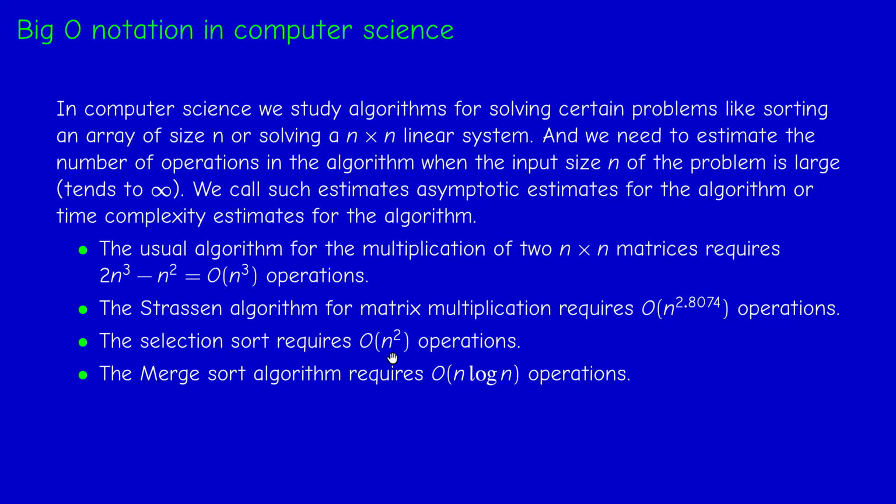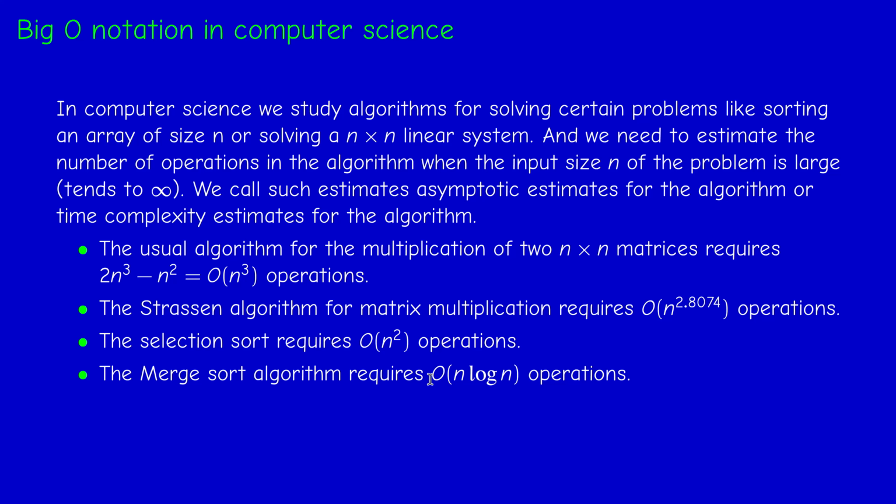Maybe if this takes 1 minute, then that would take, for example, 1 second when n is large. And this is very important. The time complexity of the algorithm is very important, especially these days, because when you deal with big data, we really need to know how long it takes to solve a problem.